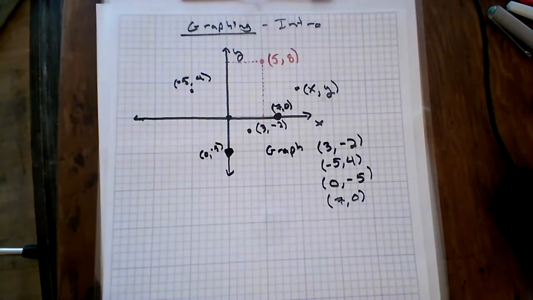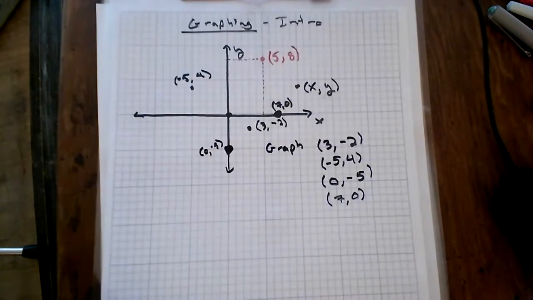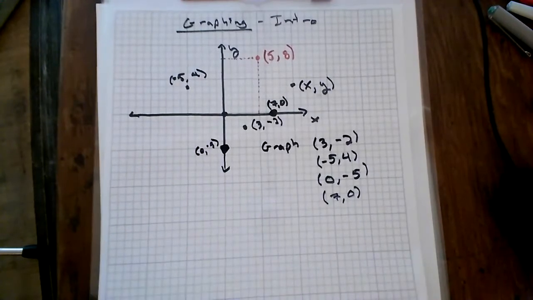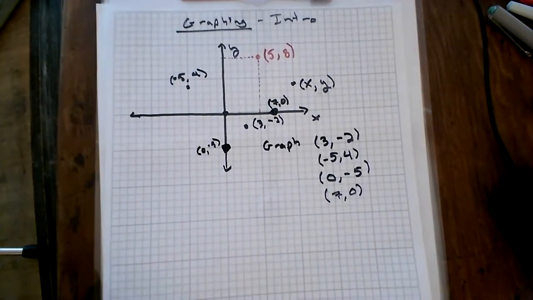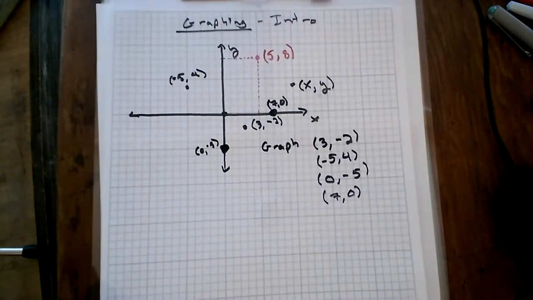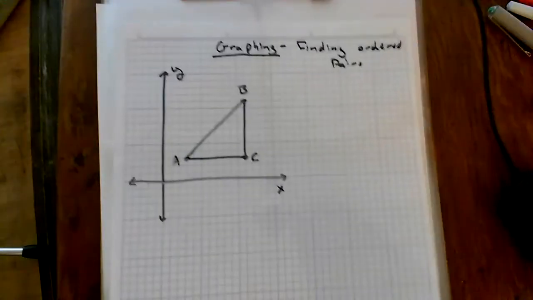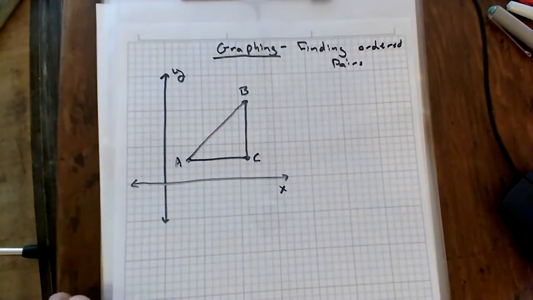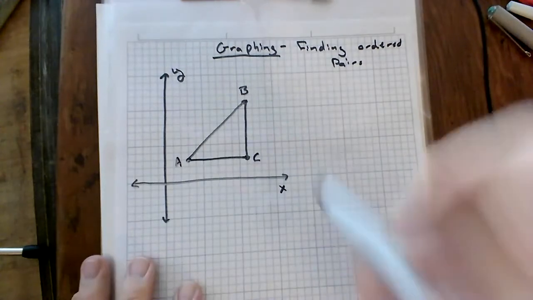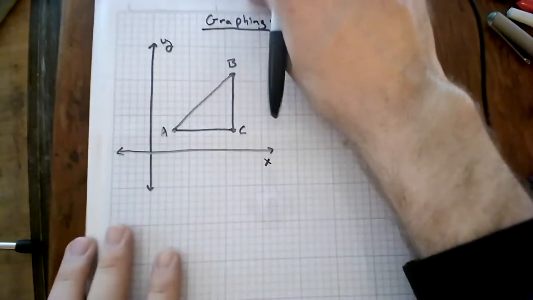Well, sometimes you're going to be given some questions where instead of just graphing a point, you might be given a point and then given some directions to figure out where the next points are. So here is an example. Now here we're given a right triangle.